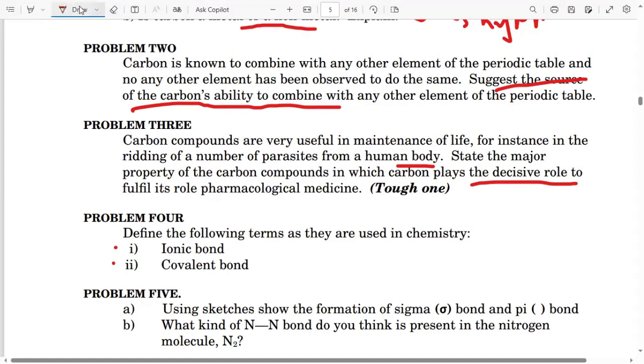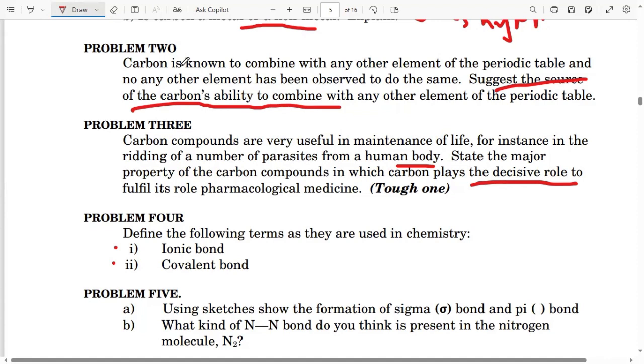The reason why carbon plays a very decisive role in pharmacological medicine is because of one property, and that one property is what I was explaining, the catenation property. So you can say the major property of carbon that plays a decisive role in pharmacological effectiveness is what we call catenation.